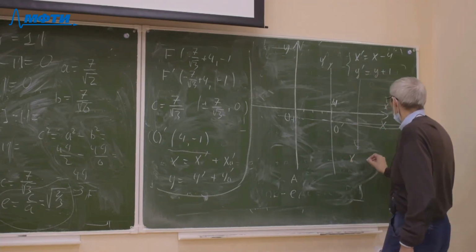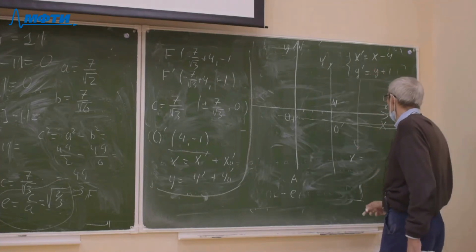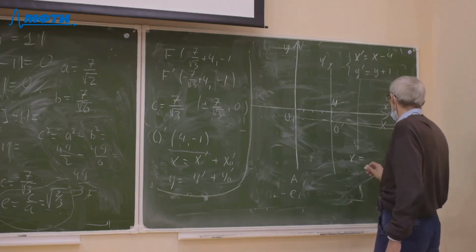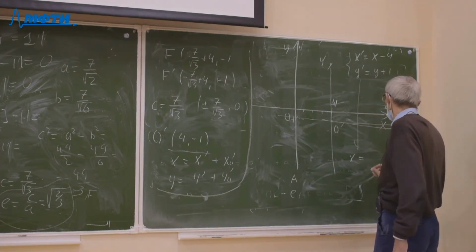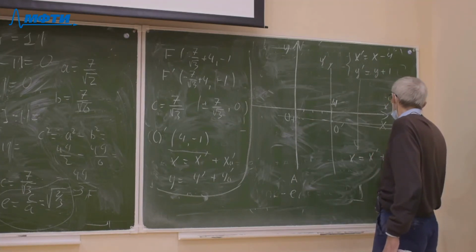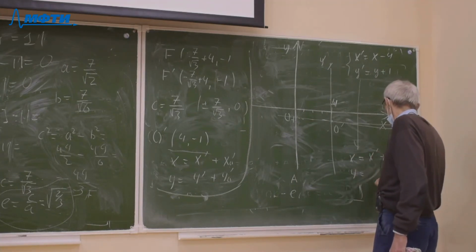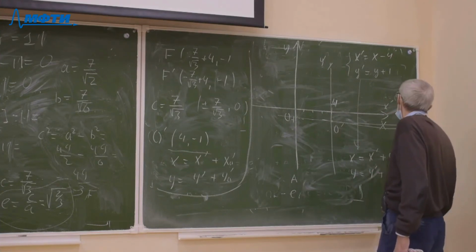The old coordinate x can be expressed in terms of the new by the formula x is equal to x prime plus 4, y is equal to y prime minus 1.